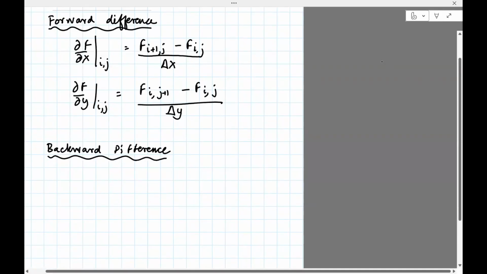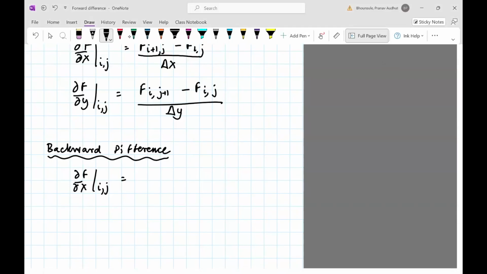Okay, let's look at backward difference. Just put a note here.